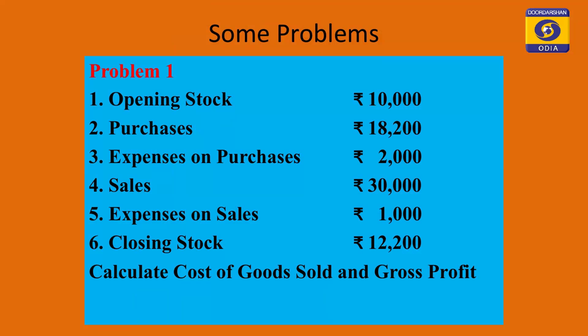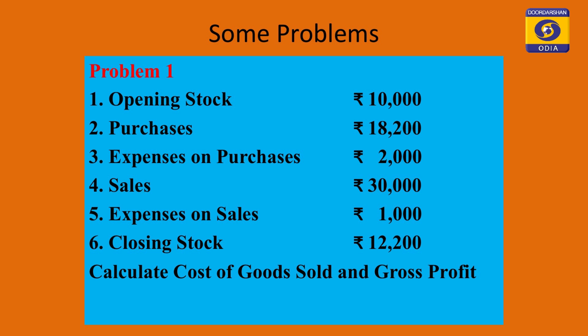Problem 1, we have opening stock given to you is 10,000, then purchases 18,200. We have expenses on purchases 2,000, sales 30,000, expenses on sales 1,000, closing stock 12,200.